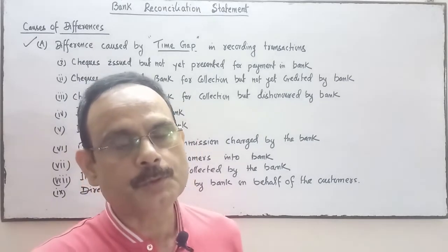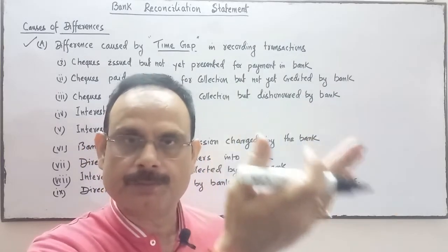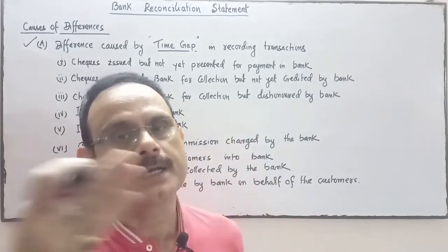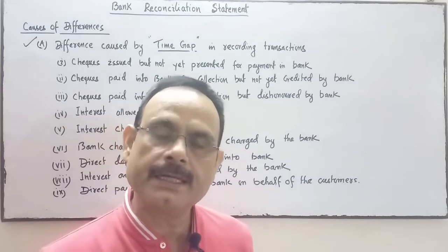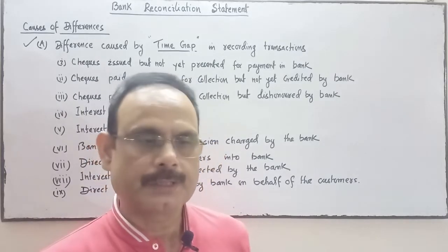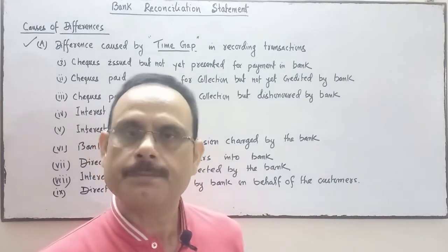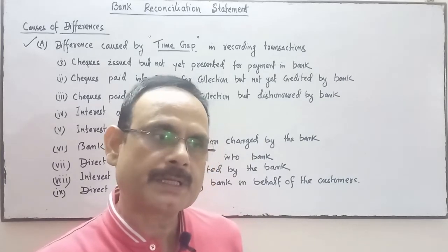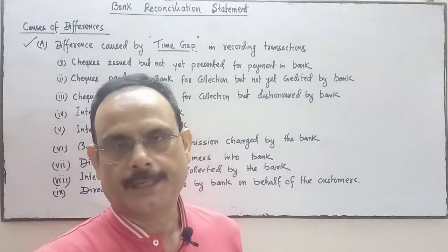So the passbook balance has increased because of this reason, and the information is not given to the customer. That's why the customer has not entered this transaction in the cash book on the debit side. So this is also a reason for the difference between the cash book and passbook balance. Similarly, the bank may make payments as per the instruction given by the customer to third parties.